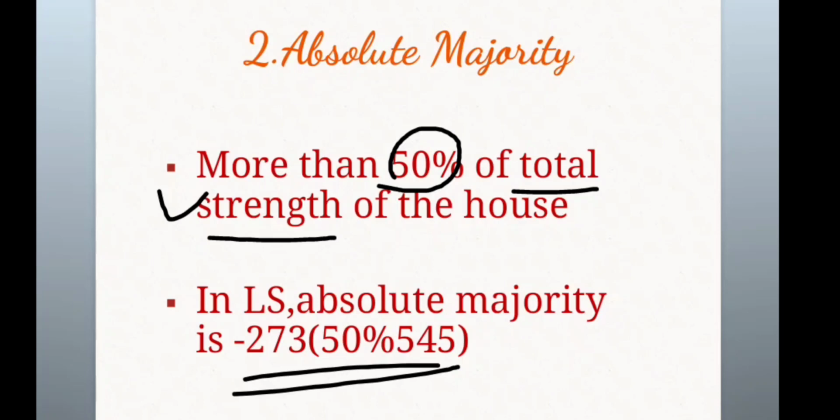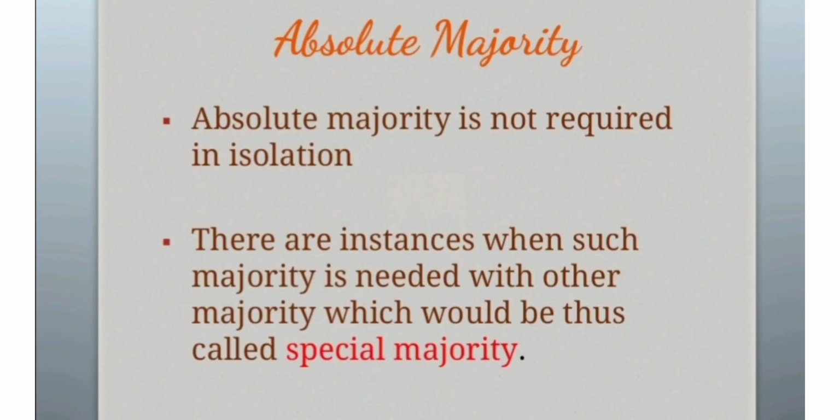In simple majority, we have already learned that simple majority is half of the people present and voting. Absolute majority is half of the total strength of the house. This majority, absolute majority, is not required in isolation in the Indian Parliament. There are instances when such majority is needed with other majority, which would thus be called special majority.